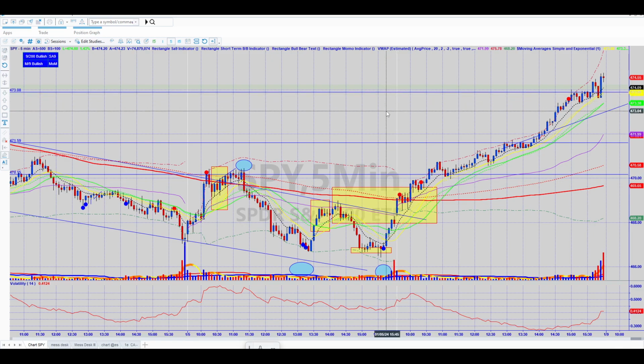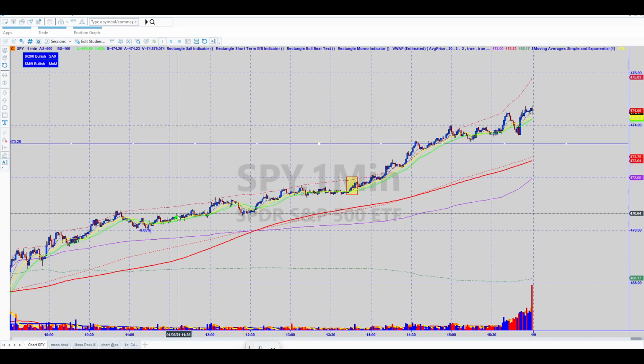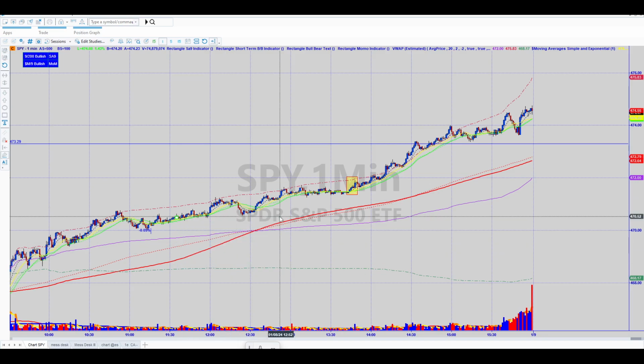Anyway, all right, let's go to the 1-minute time frame and just see. I was looking at it earlier and I came up with this script here, which was fairly complex. I came up with some new strategies.